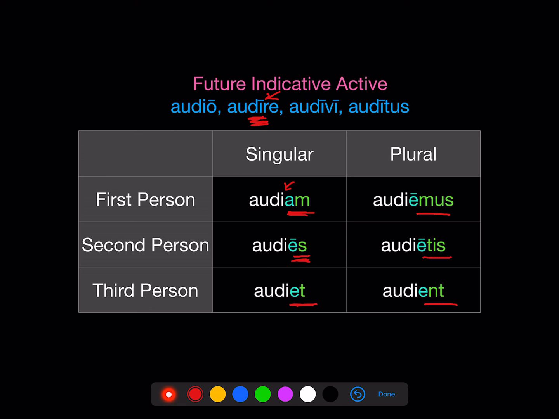What's tricky here is that if I gave you the form docet, you need to know that that's a second conjugation verb. So that E means it's present, and the future would actually be docebit.